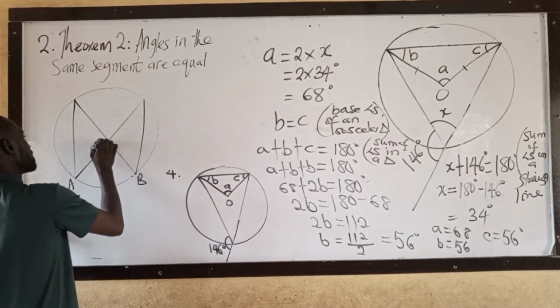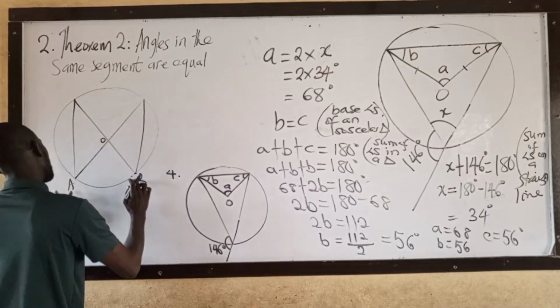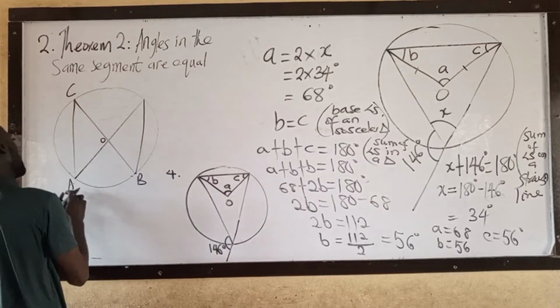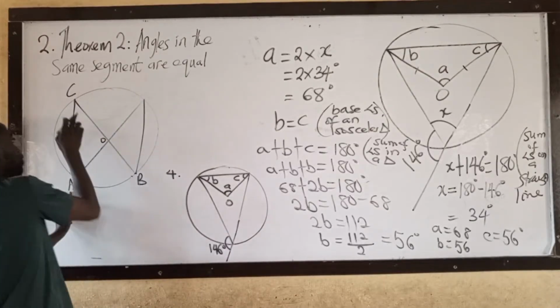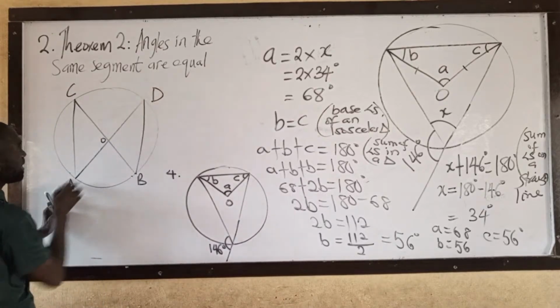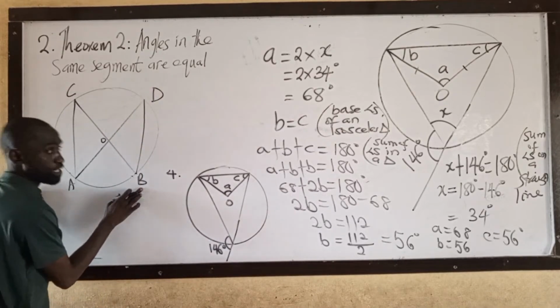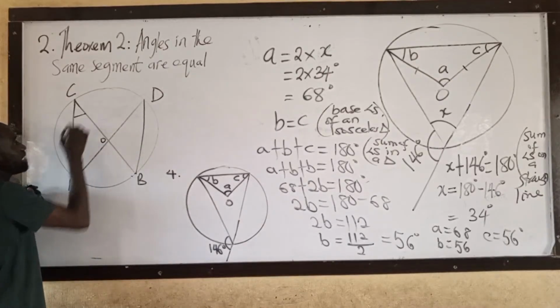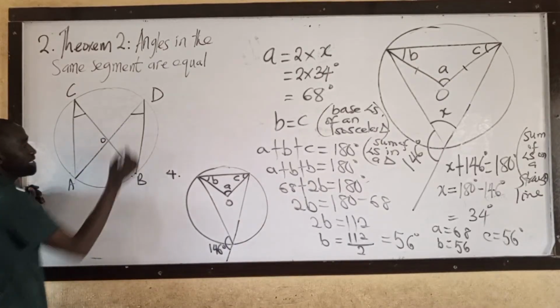At AB, it carries angle ACB to the circumference and angle ADB to the circumference. So this angle here is a circumference angle, and this angle here is a circumference angle.